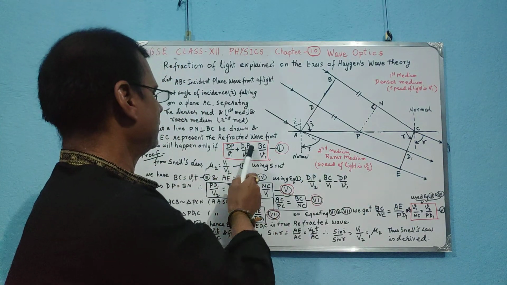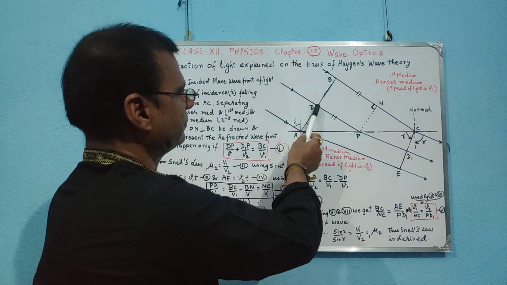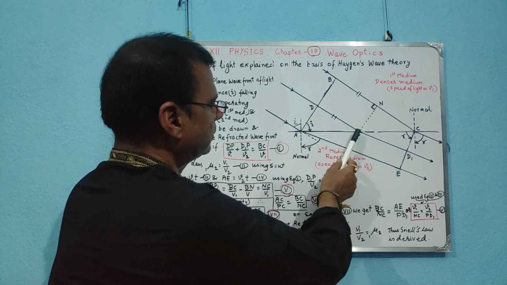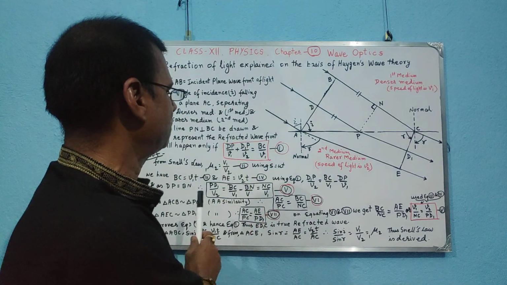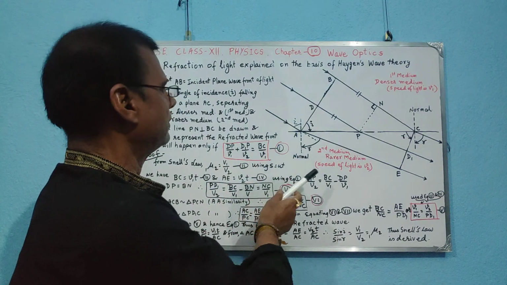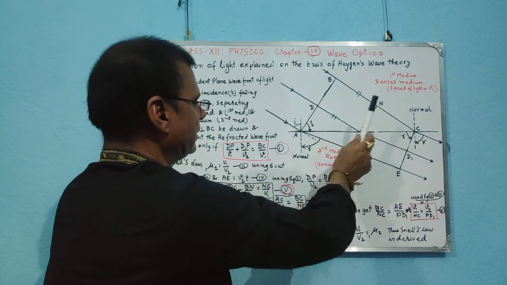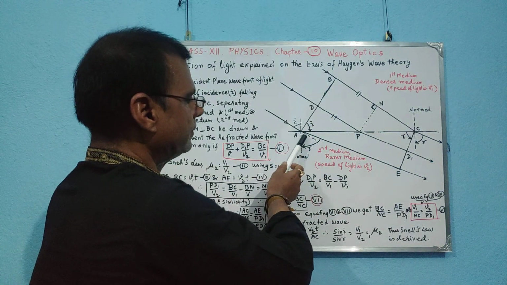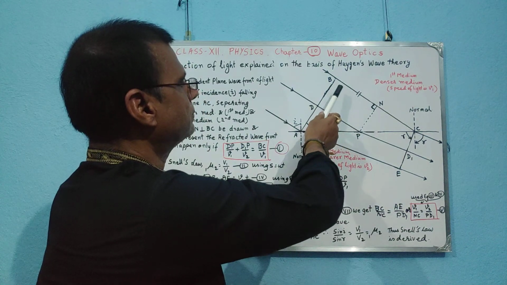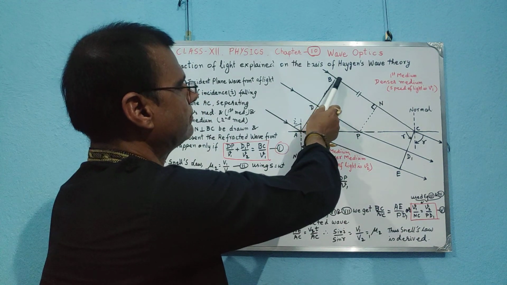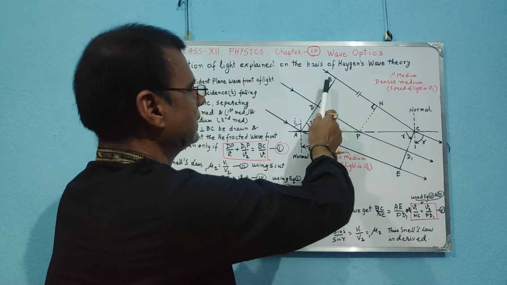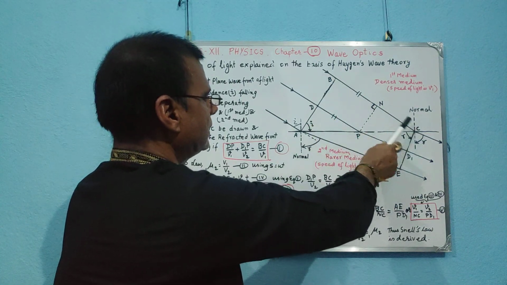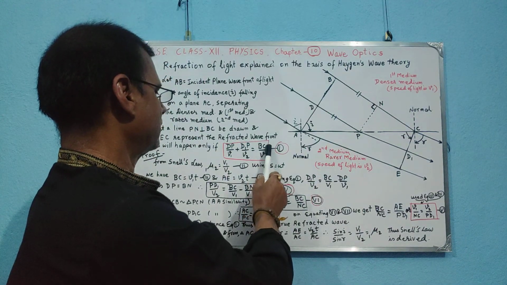So this is the total time taken by light to reach from D to D1 through P, and this must be equal to the time taken by light to travel from B to C, or from A to E. For our choice we take the time from B to C, which equals BC by v1.